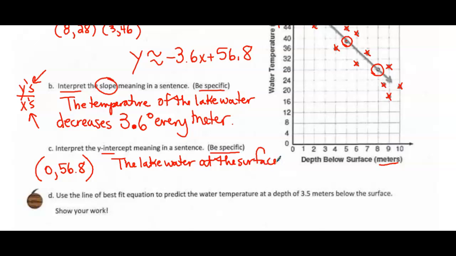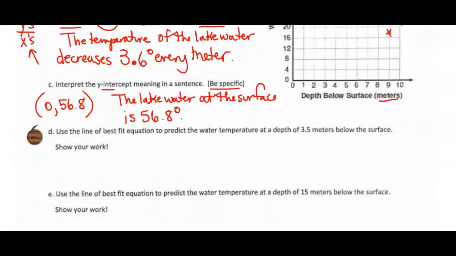So this starts the lake water at the surface, is 56.8 degrees. Now you don't have to write it word for word like me, but something that talks about the lake water at the surface being 56.8 degrees.